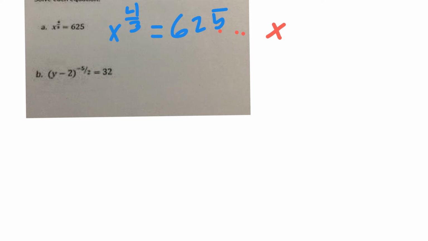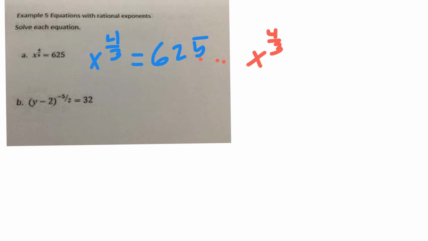If I had x to the 4/3, and I want to get rid of that, I want to make it x to the first power. Well, when I have a power raised to a power, we can multiply. So what if I raised it to the 3/4? It's the reciprocal, because what happens when we multiply reciprocals?